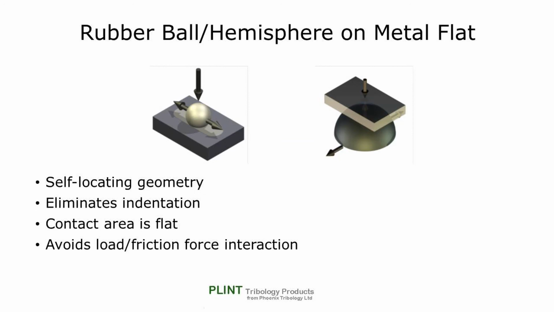Switching the material pairs around to give rubber ball or hemisphere on hard flat, in other words a self-locating geometry, eliminates indentation, thus avoiding the load friction force interaction. This is because the resulting contact area is flat.